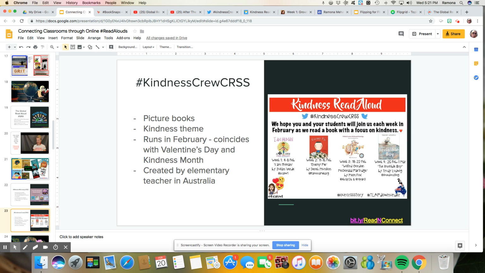But they also read 3 other books, wonderful books about how to be kind, how to spread kindness, the importance of being kind. This was the first year this is running, but she has been very excited about the classrooms that have participated, and I'm sure she will probably run it again next year. So if you want to get involved in that, here is her Twitter handle.